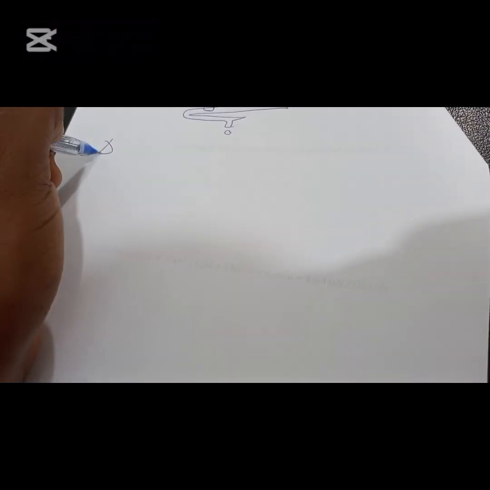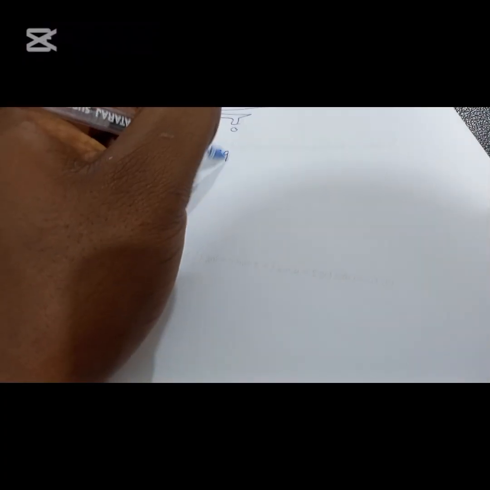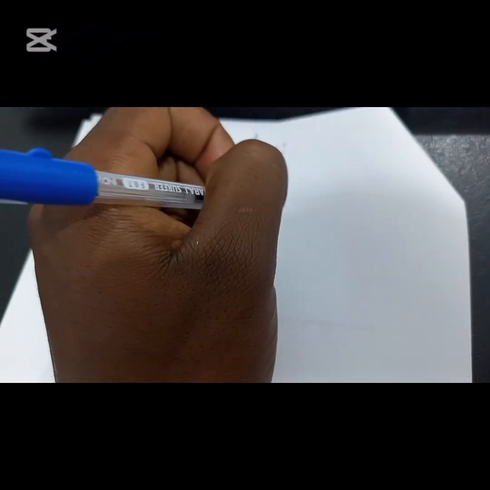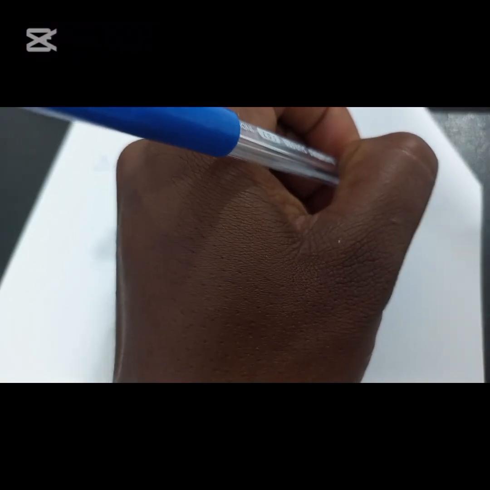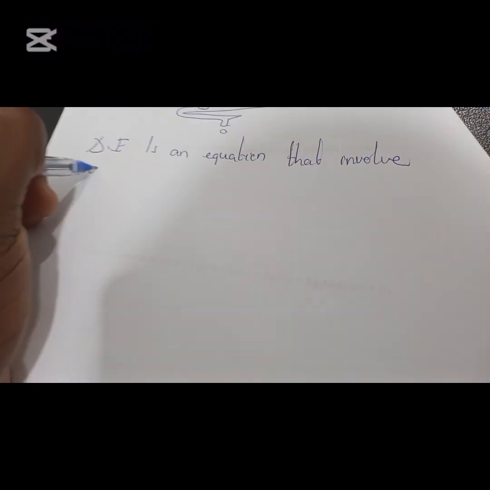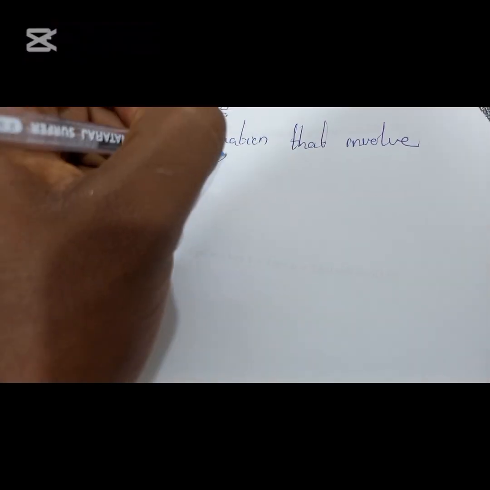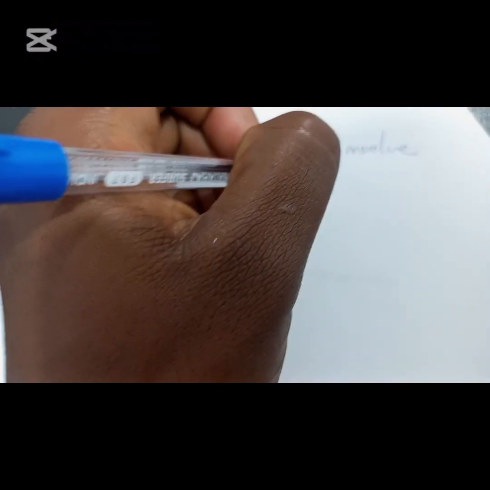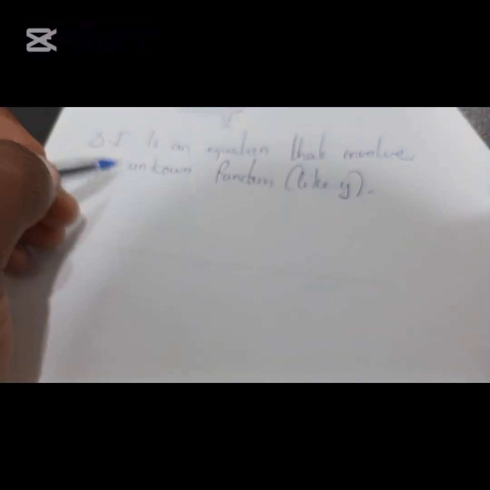So let's now look at a mathematical expression. A DE, in a simple way, is an equation that involves an unknown function like y. This is the common one.